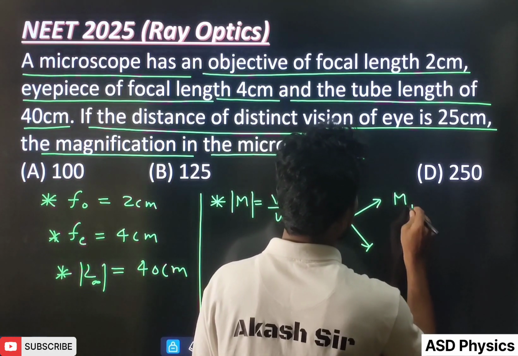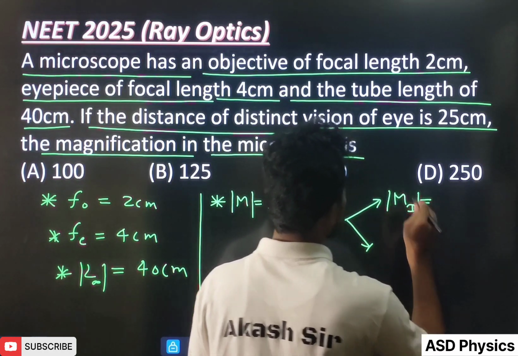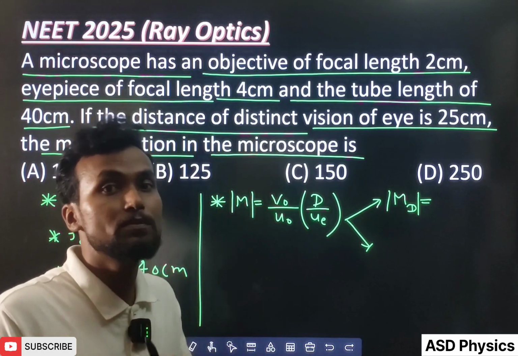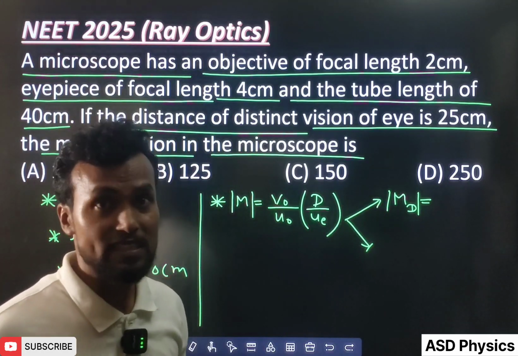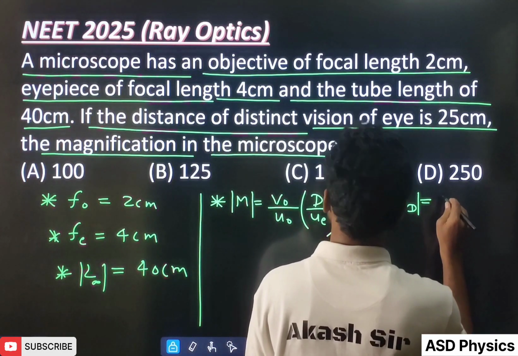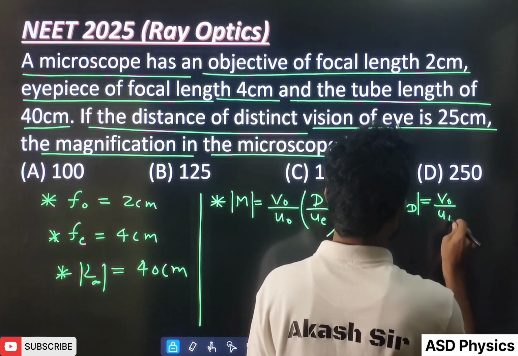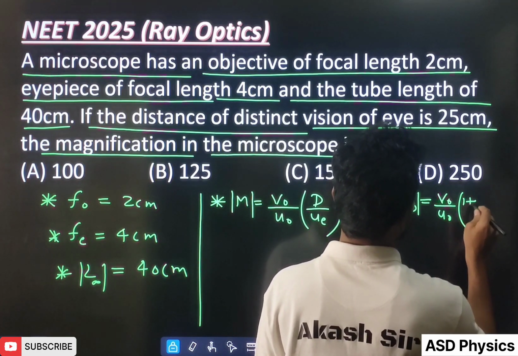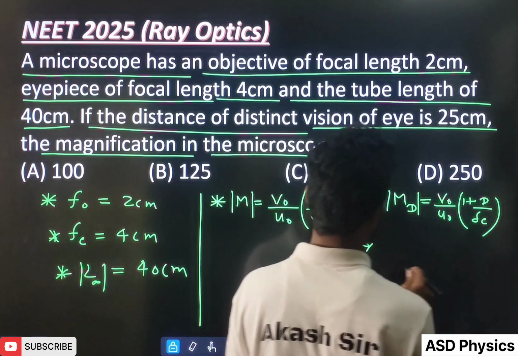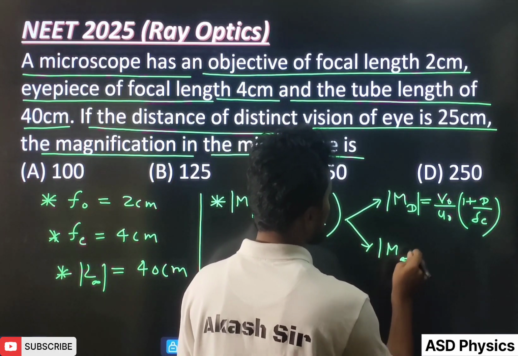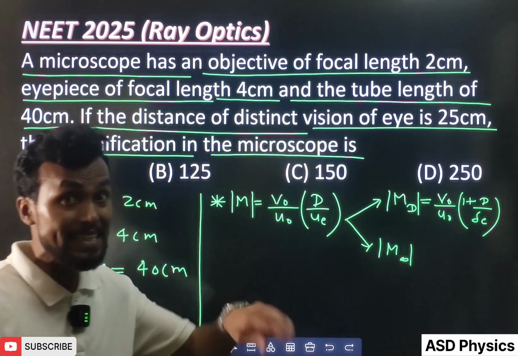The first formula, when the magnification is the maximum and the final image forms at the least distance D, becomes V0 by U0 into 1 plus D by FE. And the second situation, when the final image forms at infinity.